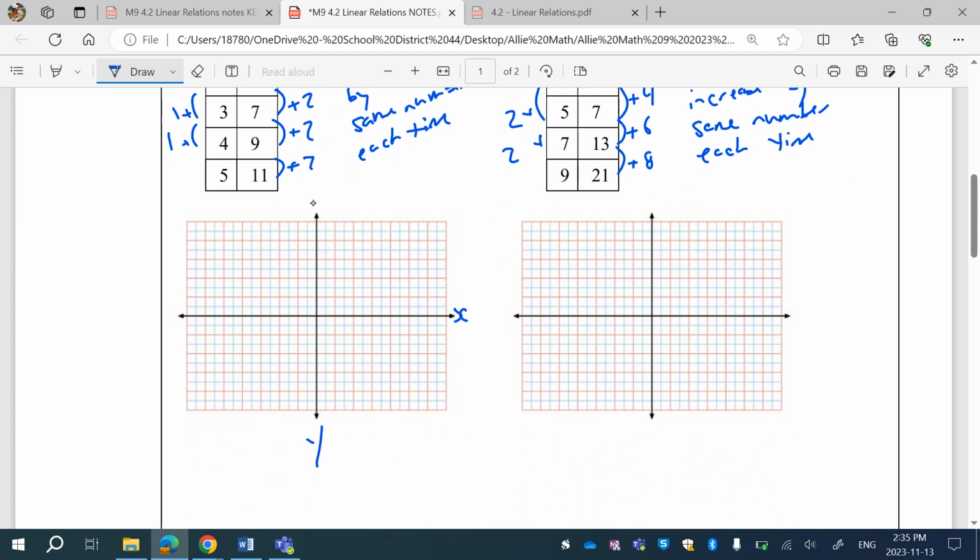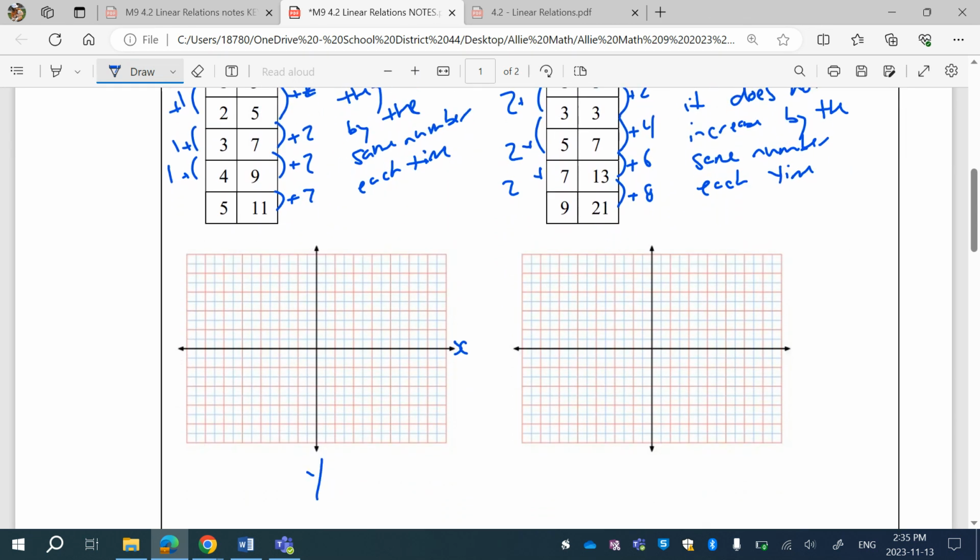Okay. When x is at 1, y is at 3. When x is at 2, y is at 5. When x is at 3, y is at 7.